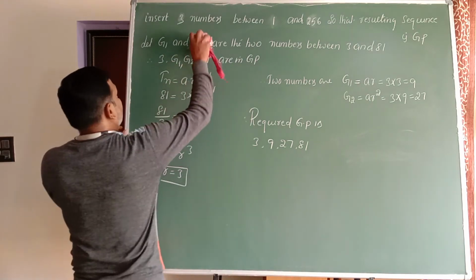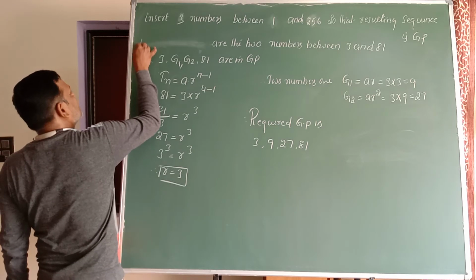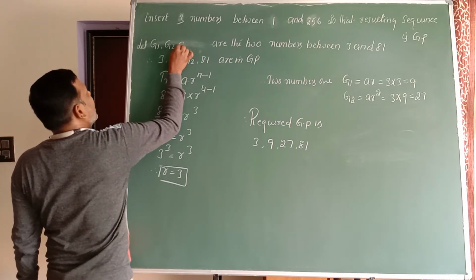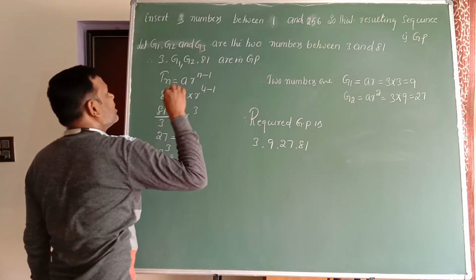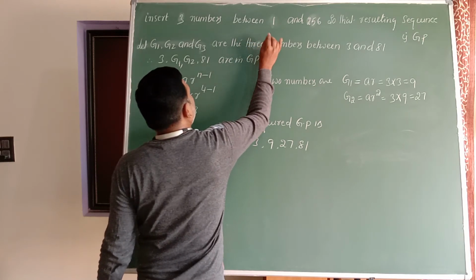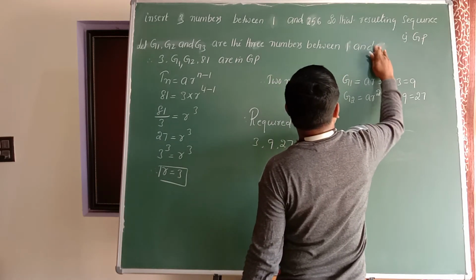We have to take the 3 numbers here. Look at me. Let G1, G2 and G3 be the 3 numbers, not 2 numbers, that we have to introduce between 1 and 256.